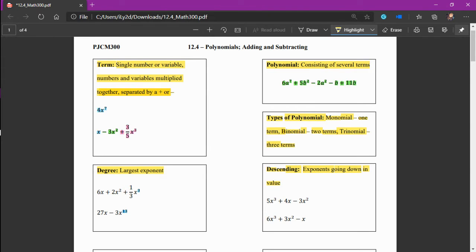The degrees of each variable: 5x cubed, the degree of that x is 3. The degree in the next term would be 1. Not the degree of the polynomial, but the degree of each individual term. Those do not go in order. You want it to go like 3, 2, 1, none, none meaning just a constant if there is one in that polynomial.